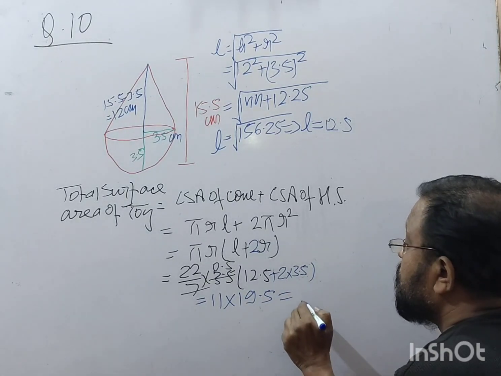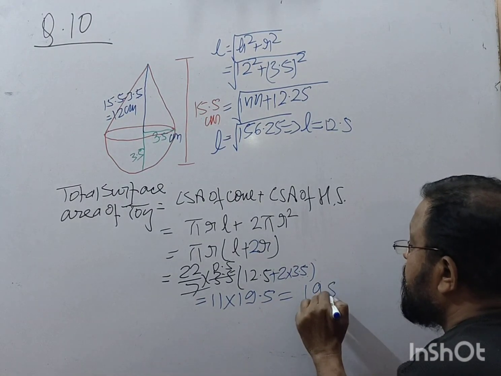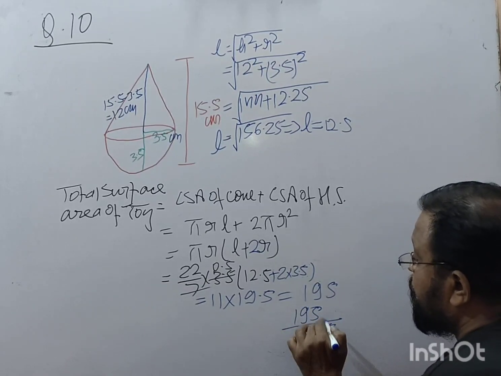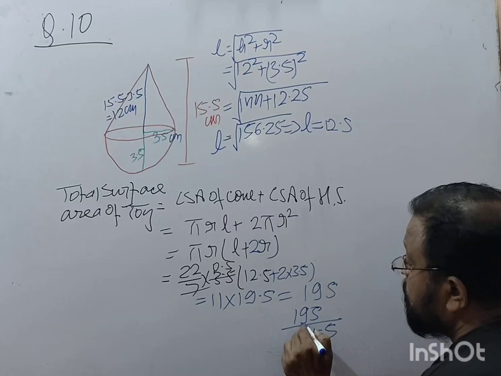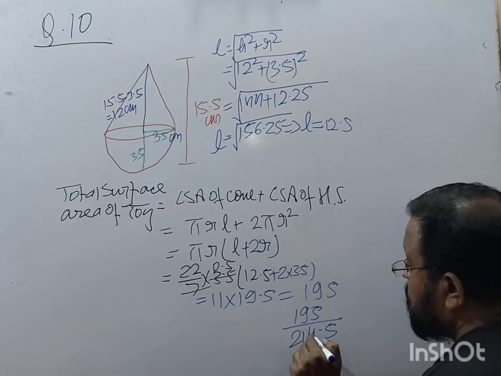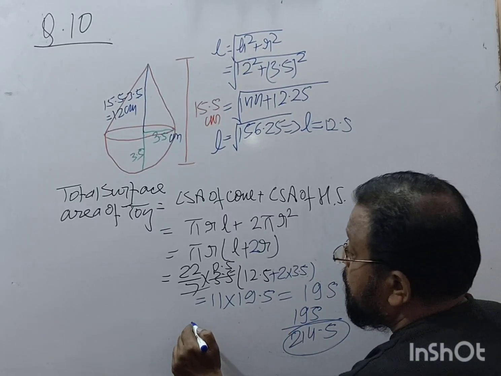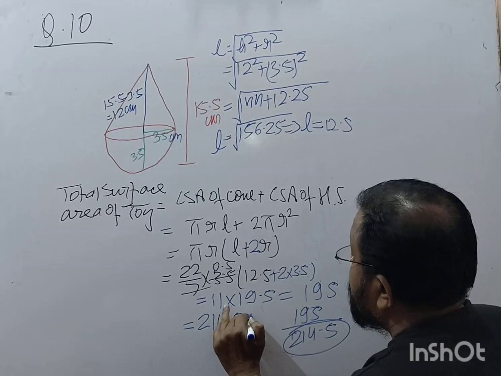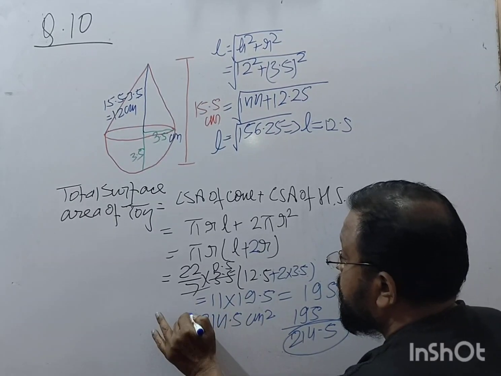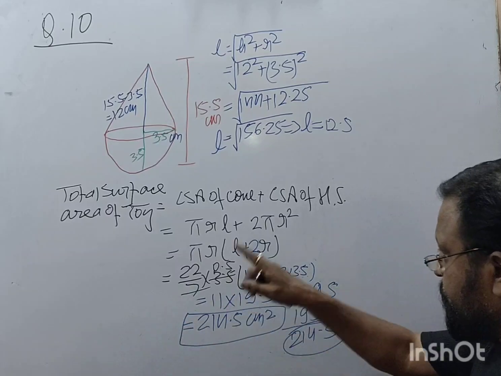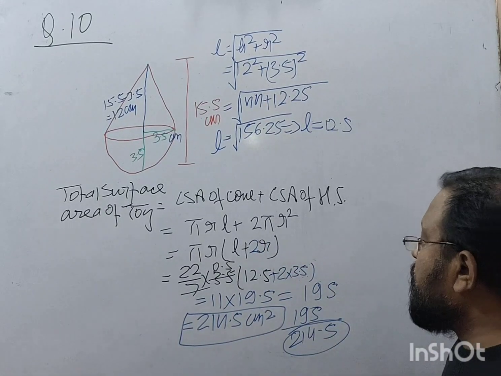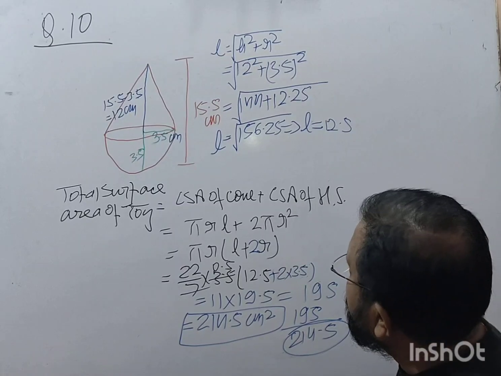So you get 214.5 centimeter square. Because of this missing 2, the whole calculation went wrong.